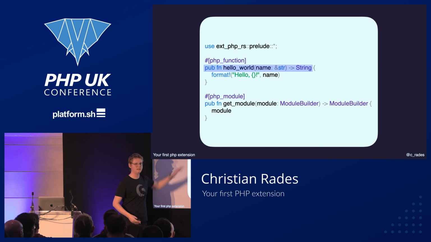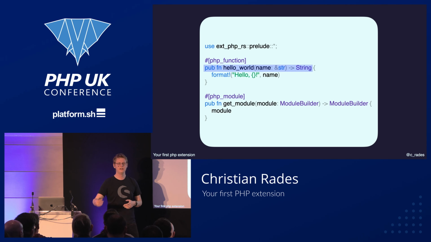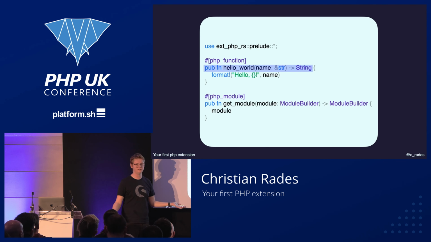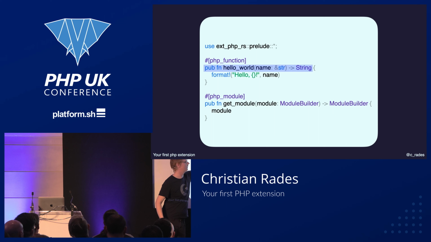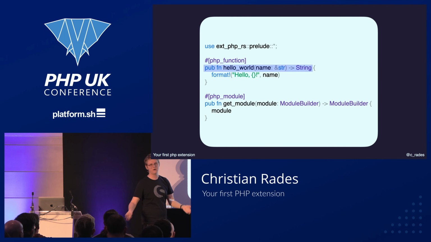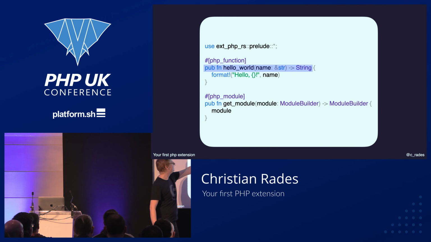And the pub keyword means it will expose this function in the shared library. Fn is just a word to say, hey, here comes a function. Hello world is our name. I guess you figured that out. And then we have a parameter called name, which will take the name of the person we want to greet. And now comes the interesting part, because the parameter has a second part. And this second part is called a reference to a string.